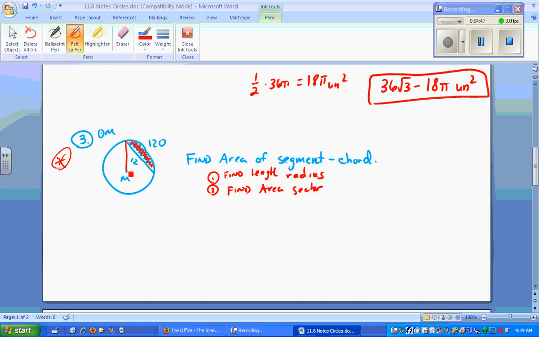If this is a radius and a radius, if I know this angle right here, I can find the area of the sector, this whole thing right there. Third, hopefully now you see a triangle being created right there. So then we can find the area of the triangle. And then what are we going to do? We're going to subtract the area of the triangle from the area of the sector.